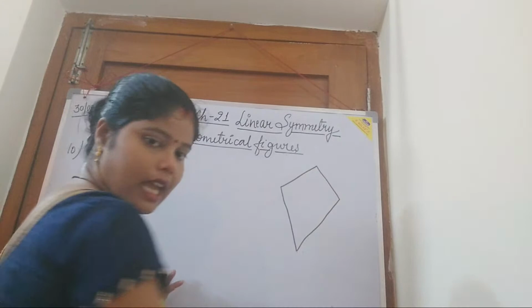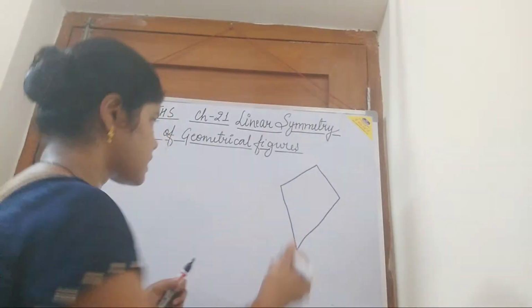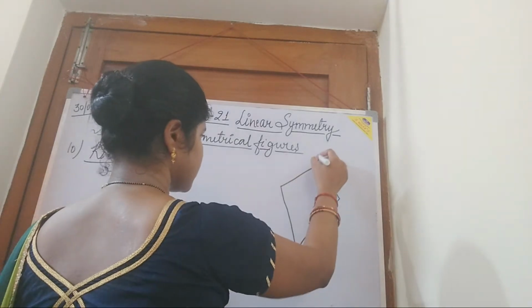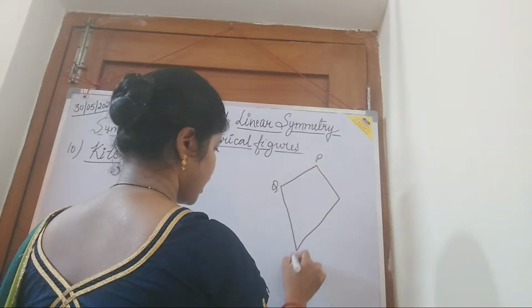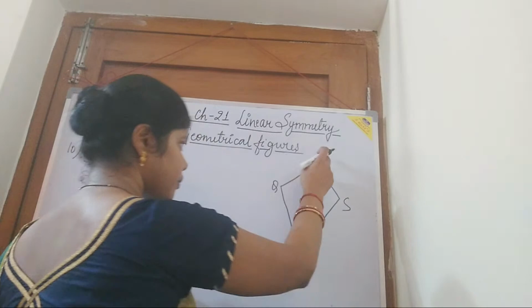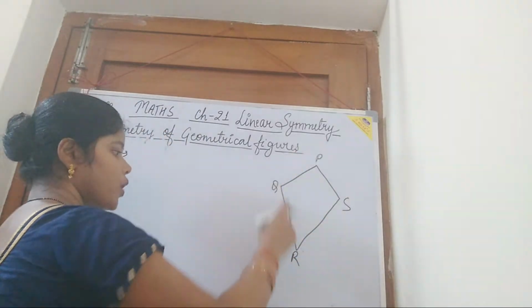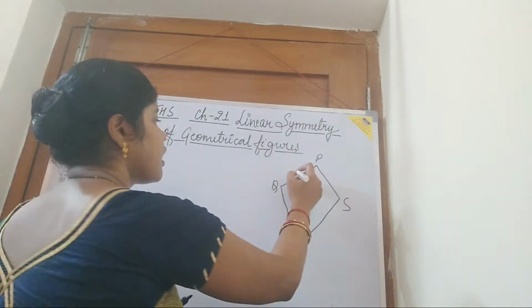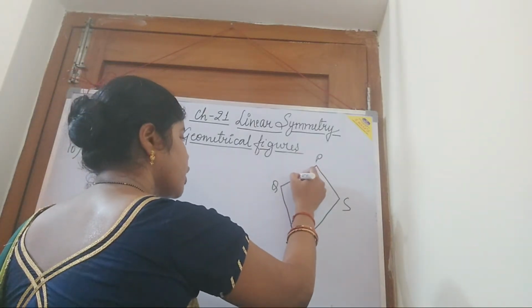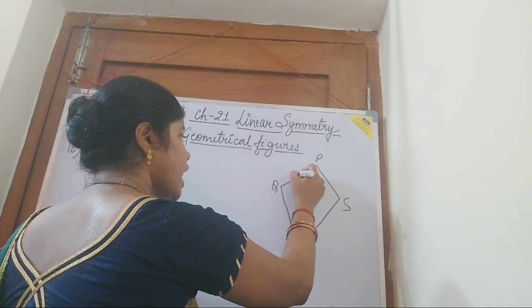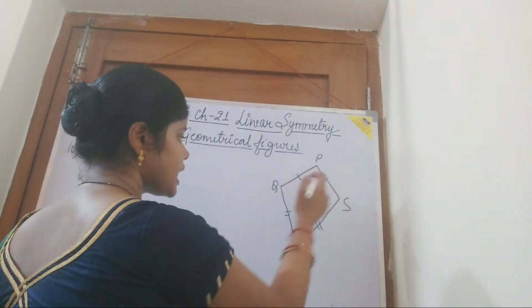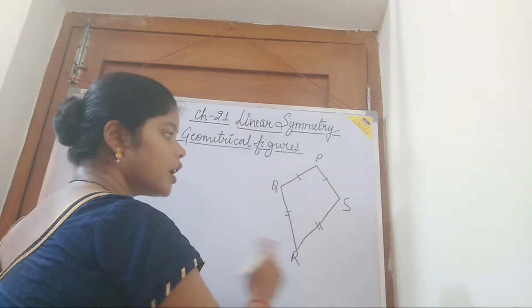Name it P, Q, R, S, written in cyclic order. To define the kite, we have adjacent sides equal. It means PQ equals PS and QR equals RS.